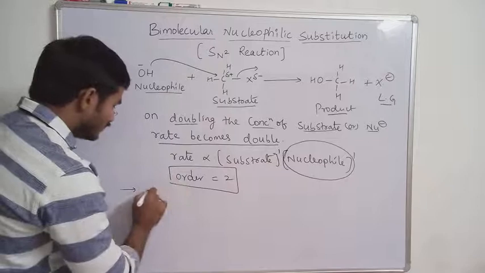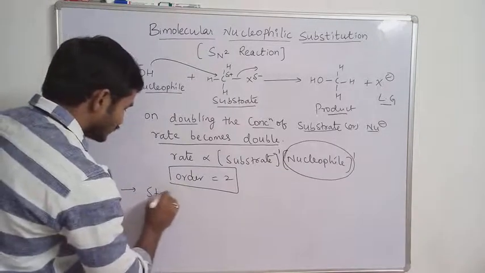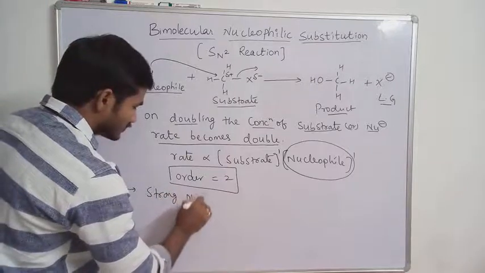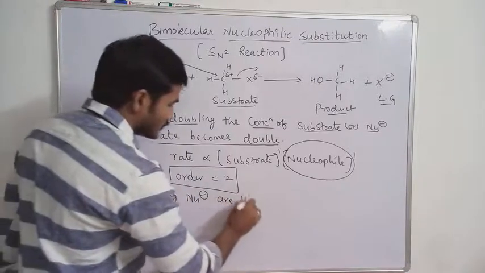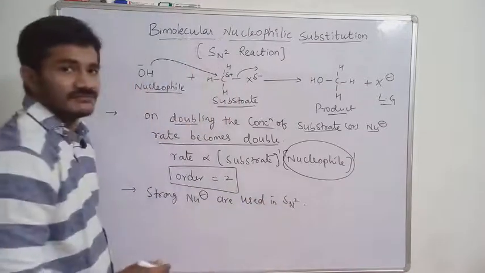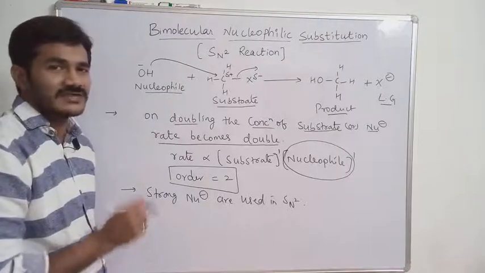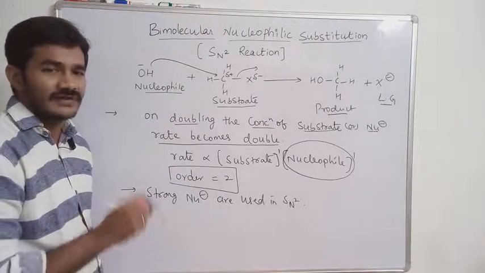So here the nucleophile must be a very strong nucleophile. Strong nucleophiles are used in the SN2 reaction. I already told you what is a strong nucleophile, what is a weak nucleophile, and how to identify them.